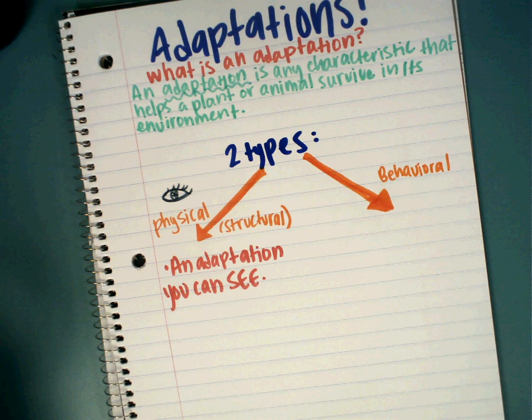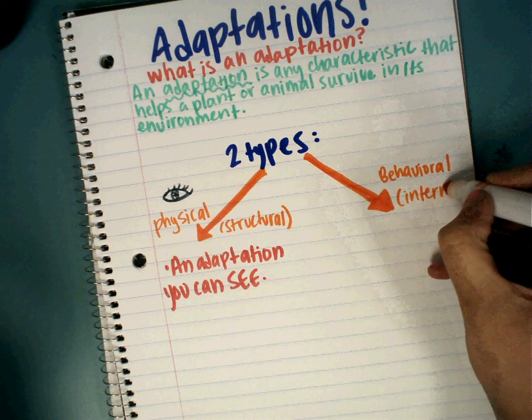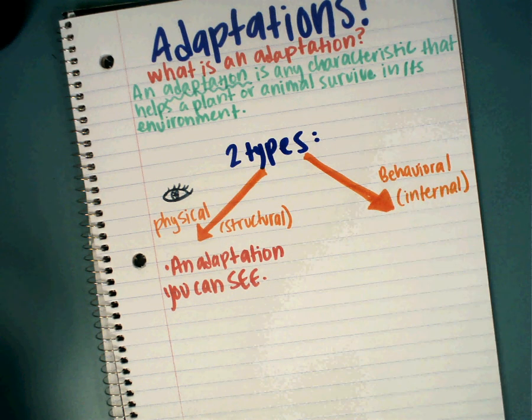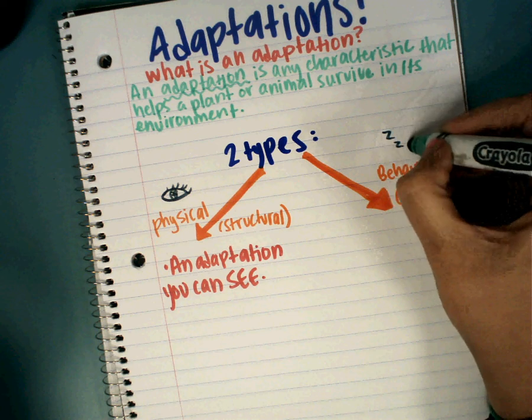It depends on how they act, right? So we'll go ahead and say internal right here. So behavioral, internal. So what symbol could we do for behavioral? Maybe some Z's to represent hibernation, because that's one of the ones that we'll talk about. Okay, Z's to represent bears hibernating.